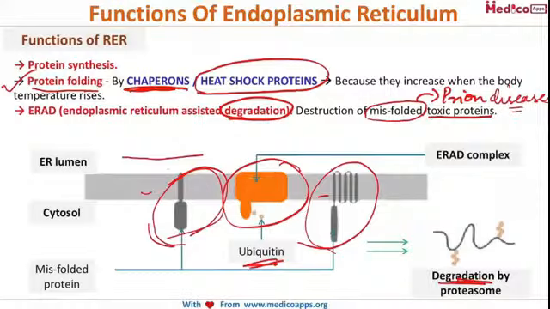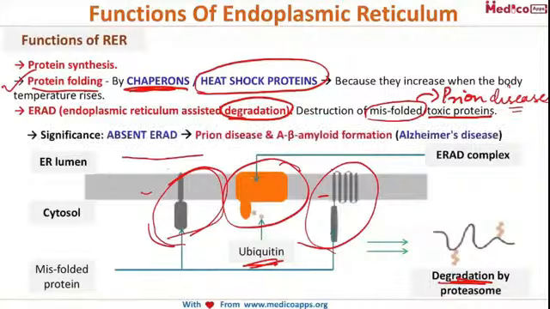Now we have seen that they cause prion disease when there is no endoplasmic reticulum assisted degradation. And an important one over here is that A beta amyloid formation also occurs when this process is defective, and we know that it causes Alzheimer's disease. The deposit of amyloid causes Alzheimer's disease. So that is about rough endoplasmic reticulum.